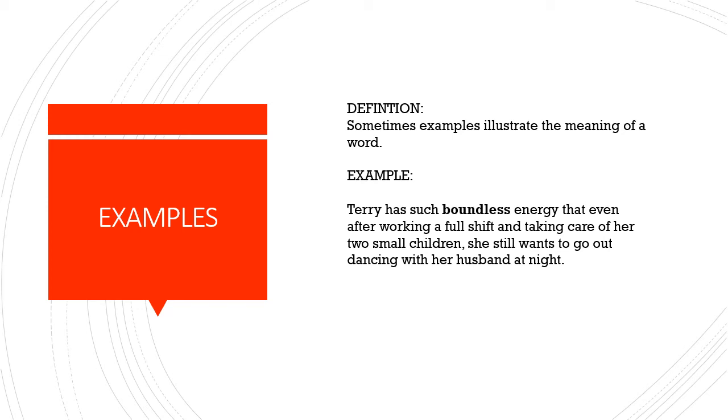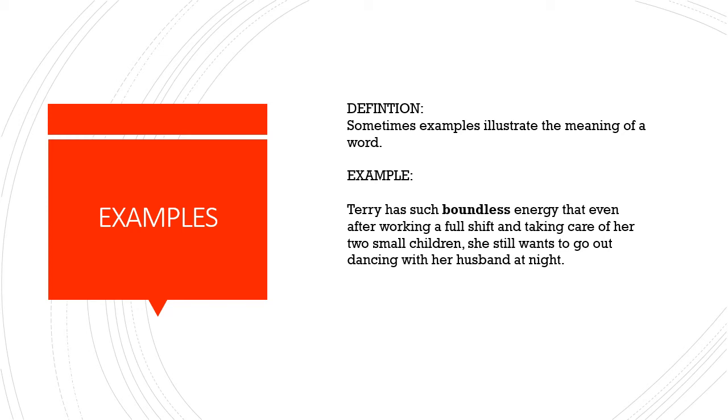So let's say I don't know what the word boundless means, but I can see that there are some clues here to tell me, because it tells me first she worked a full shift, she takes care of two of her small children, so that's a lot of work already, and after all that, she still wants to go dancing with her husband at night.